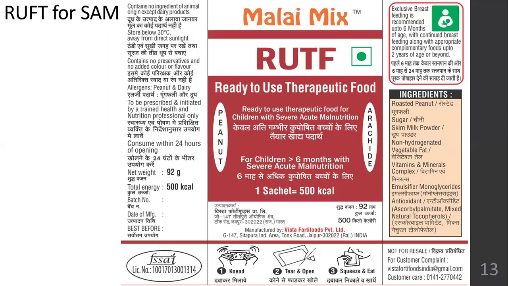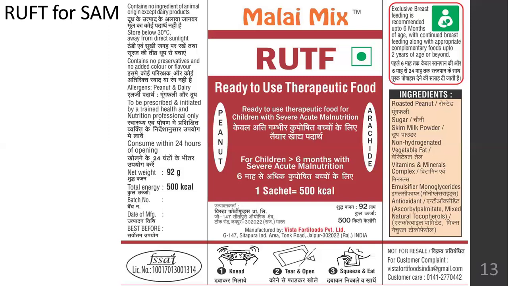So it does not require a fridge to store. It does not require any cooking. You just have to knead the package properly, tear it, and the mother will give the package to the child. The child can squeeze and eat what comes out of this package. It is usually peanuts, calorie dense.